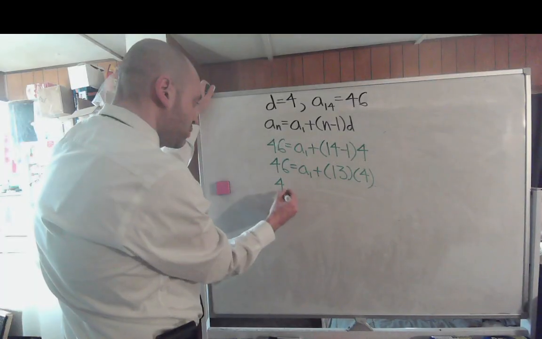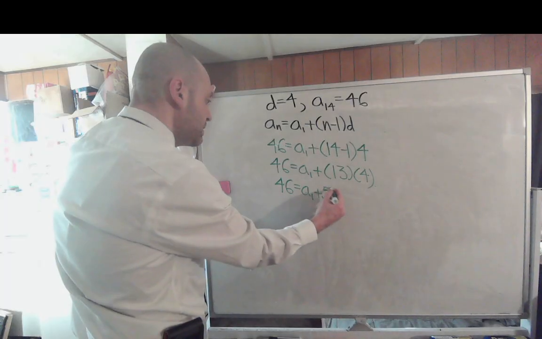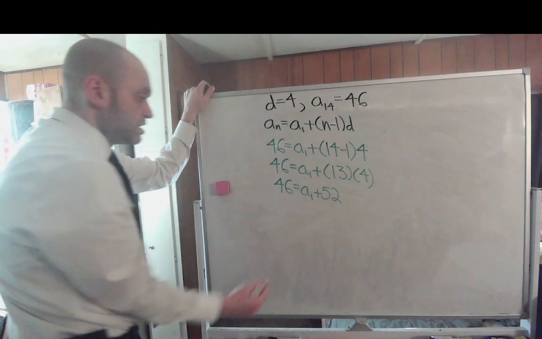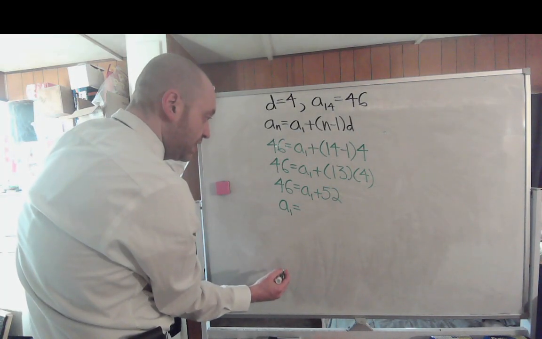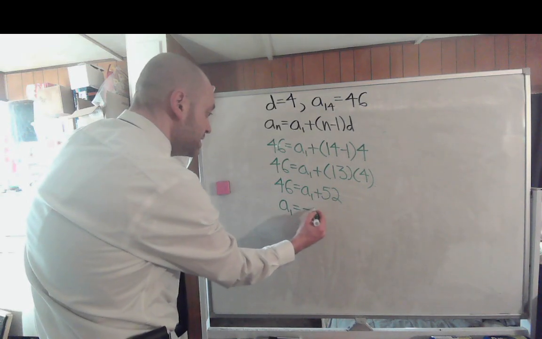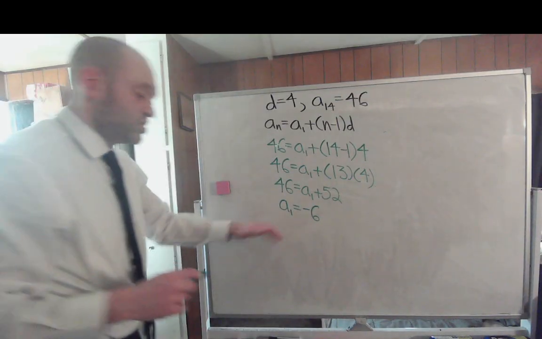So 46 equals a sub 1 plus 52. That means a sub 1 is going to end up equaling -6. So your first term of the sequence is -6. We just solved for it.